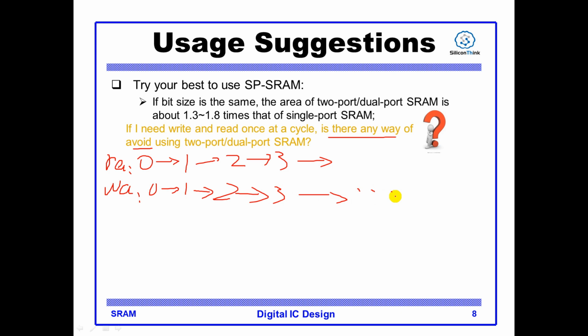If the addresses have this pattern, can you use some method to use single-port RAM to replace the dual-port SRAM?